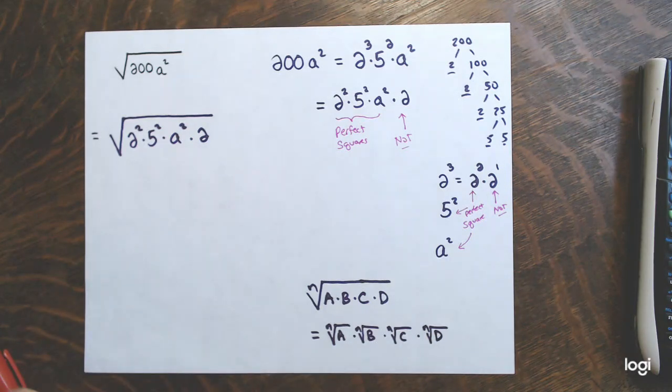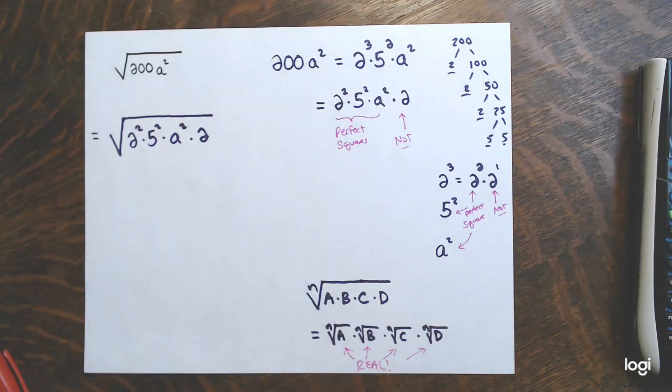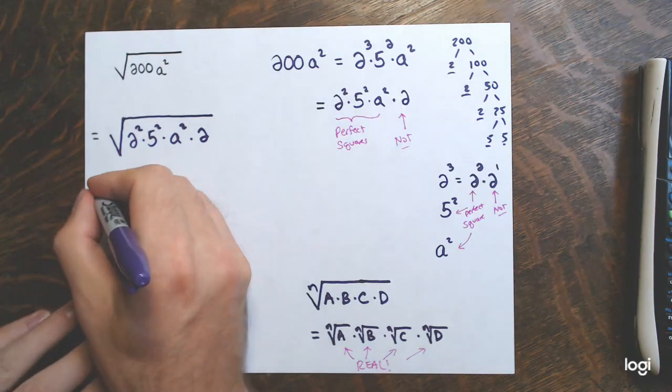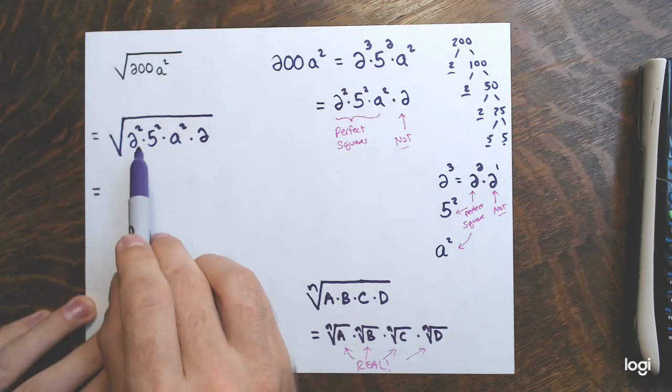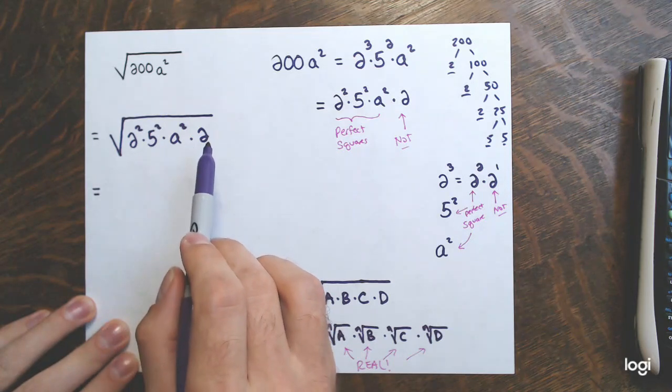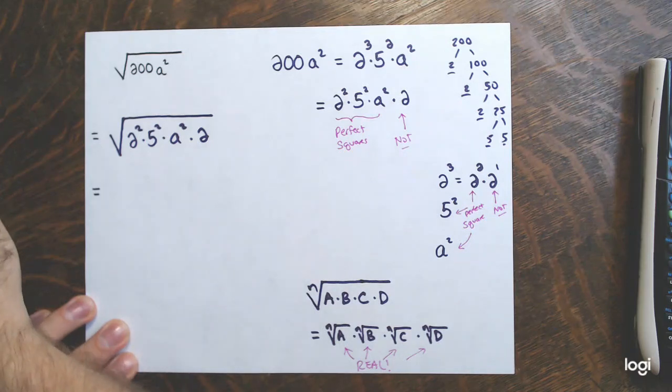Again, as long as all these are real though. As long as every single one of these, the nth root of a, nth root of b, nth root of c, nth root of d, and so on, are real numbers, they can't be non-real numbers, can't be even roots of negatives. All right, so I've broken it up into my perfect squares times my non-perfect square, and then I'm going to use this product property to split them up.